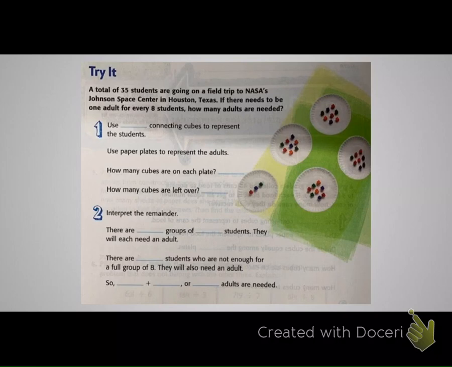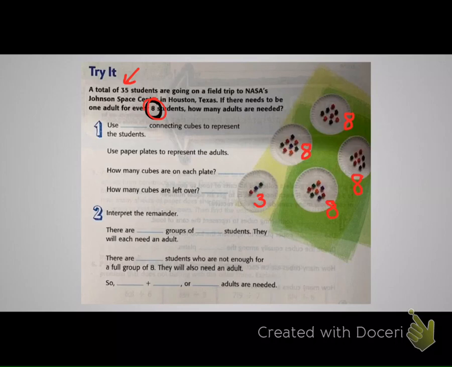So if we have 8 students in every group, I don't like that color, let's choose red. If we have 8 students, and there are a total of 35 students, so if you look over here to the plates, this one has 8, and this one has 8, and this one has 8, and this one has 8, and then down here we have 3.